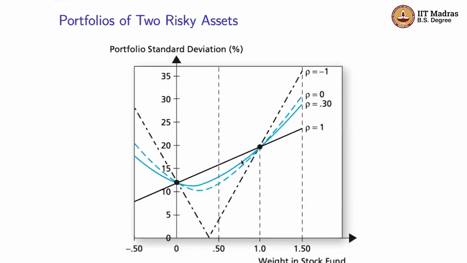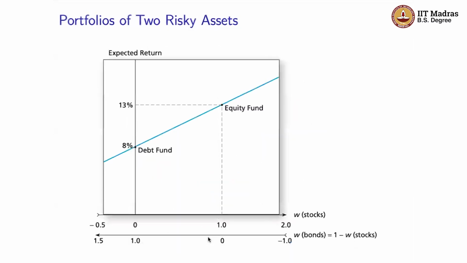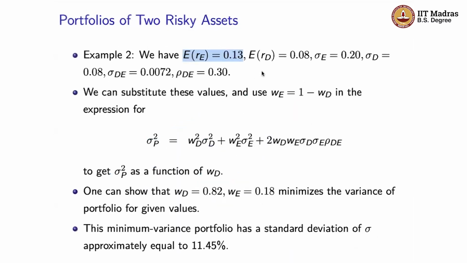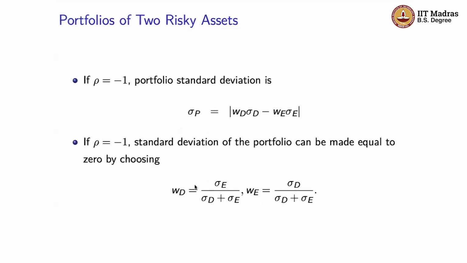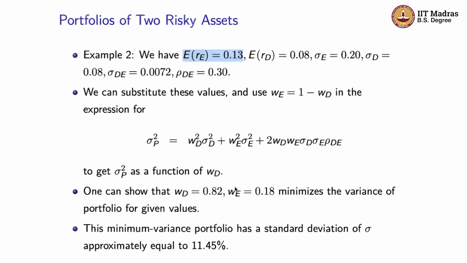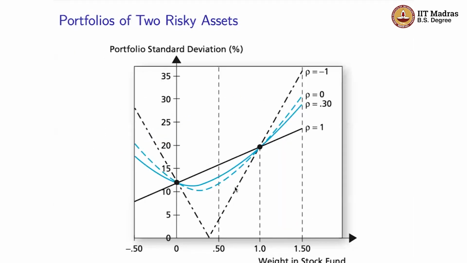What happens if you are allowing for different values of rho? We also looked at what happens if you have got negative rho. In that case, we can actually go down and have the standard deviation being equal to zero. And you can actually use these numbers to calculate, along with this formula, what those two weights would be. And the other thing that we actually explicitly calculated is what happens if you have got rho equal to 0.30, right?